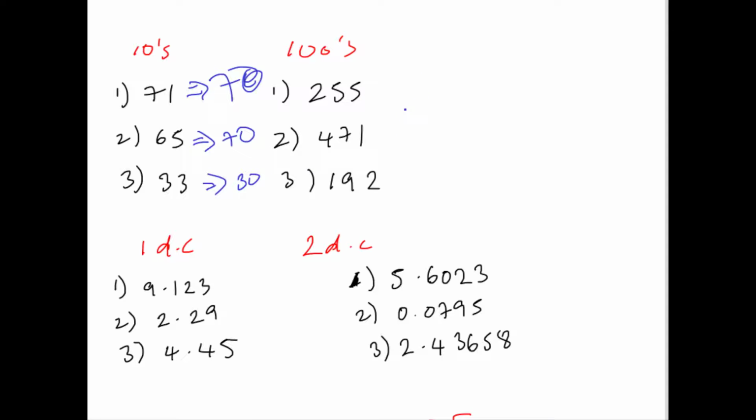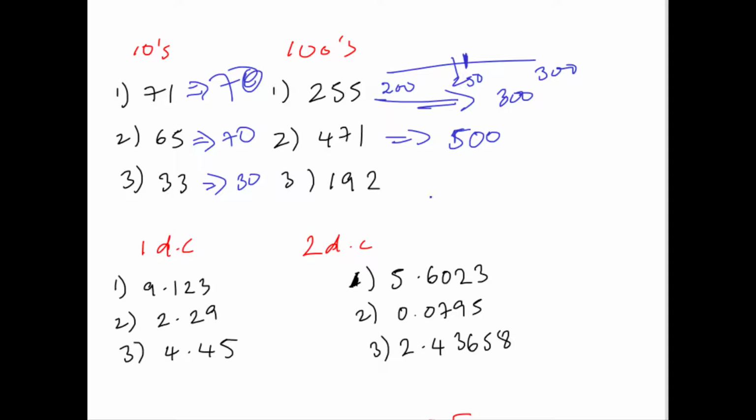Okay, here we are, nearest hundreds now. 255, so it'll either be 200 or 300. 255 is in between 250. There you go, let me just draw a line to make it easier. 250, so the number is here, closer to the 300 mark. 471 is above 450, so therefore the nearest rounding to the hundreds is 500.